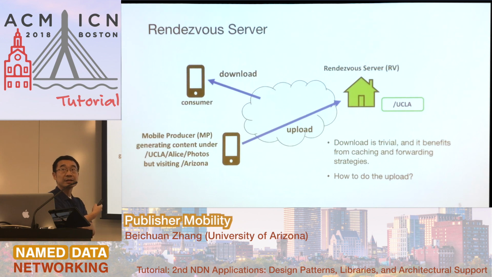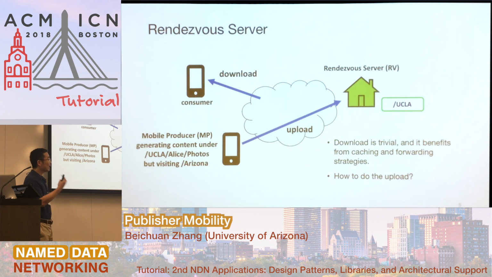So this is NDN, and we don't want to restrict from where you actually retrieve the data. But using this rendezvous point, they can use this name as a rendezvous to make the content and consumer meet each other. So this is the high-level idea.